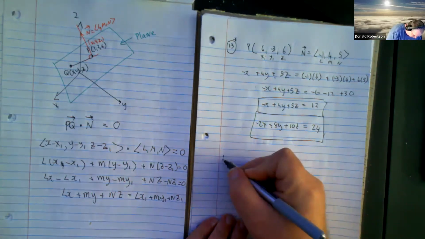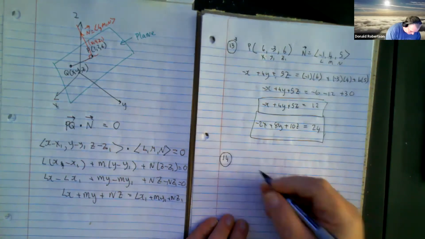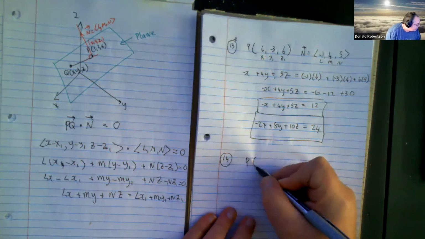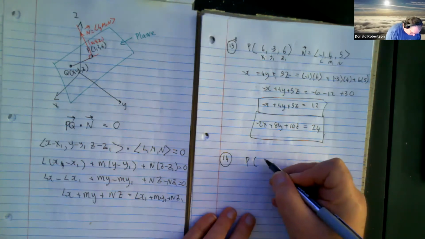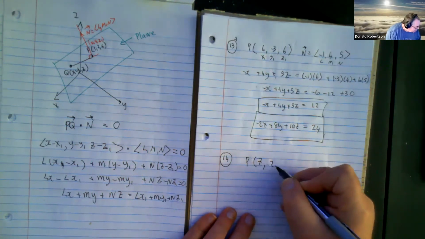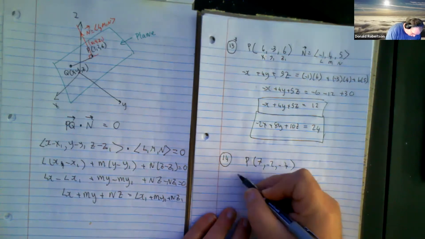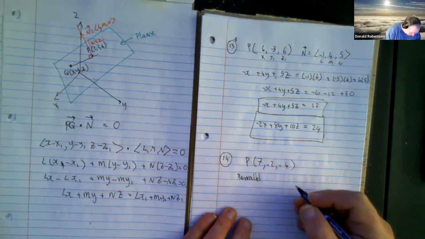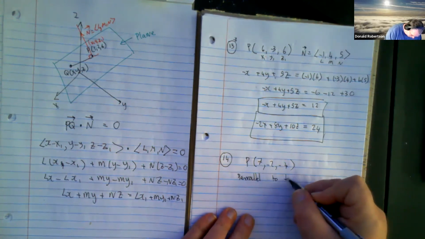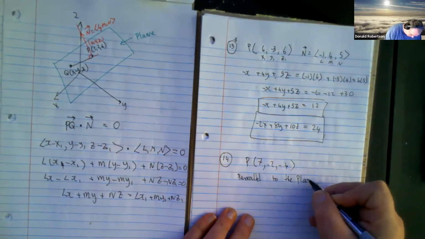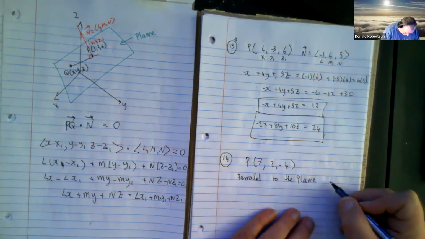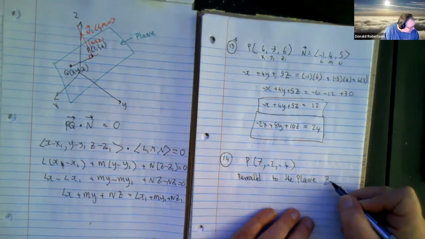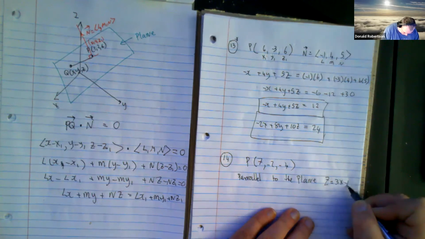Suppose then we did question 14, where we're told the coordinates of the point is 7, -2, -4, and we're told that it's parallel to the plane z equals 3x take away 4y.